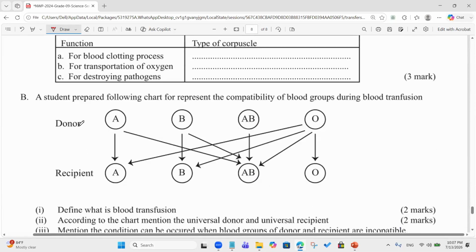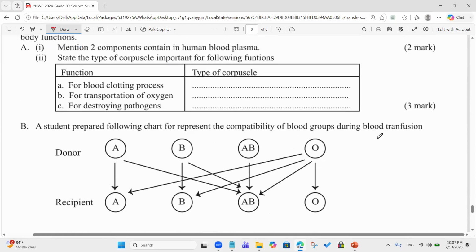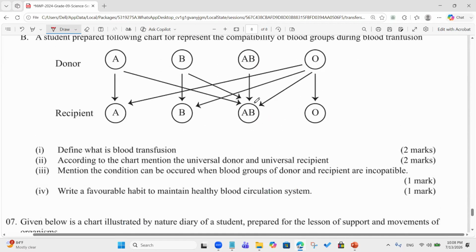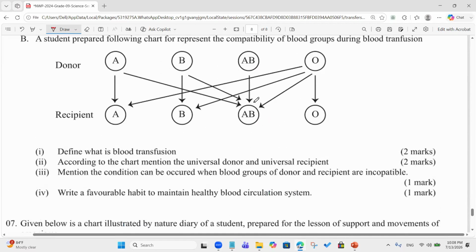And part B, a student prepared the following chart to represent the compatibility of blood groups during blood transfusion. Define what is blood transfusion. How do you define it, Lamai? How do you define blood transfusion?